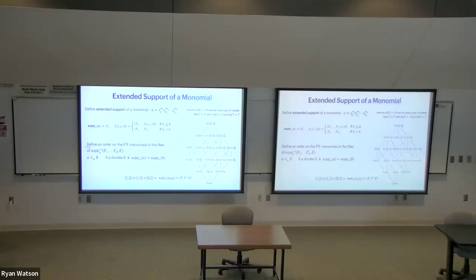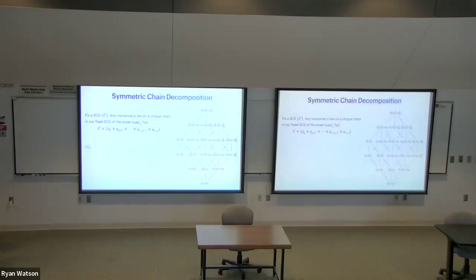And that is helpful because every product of intervals has something called a symmetric chain decomposition, which means I can take my distributive lattice and separate all of the elements in my lattice into symmetric chains.